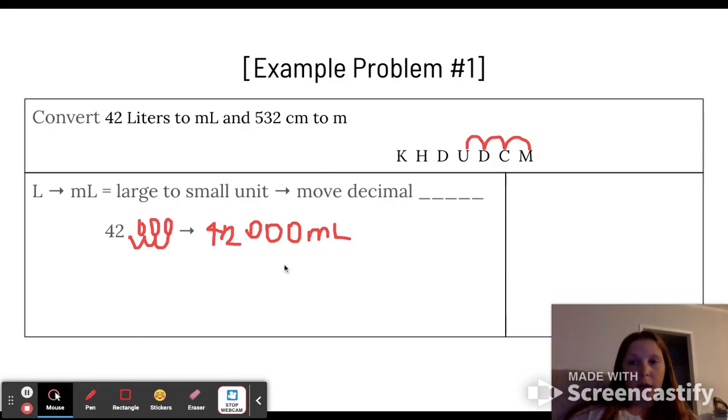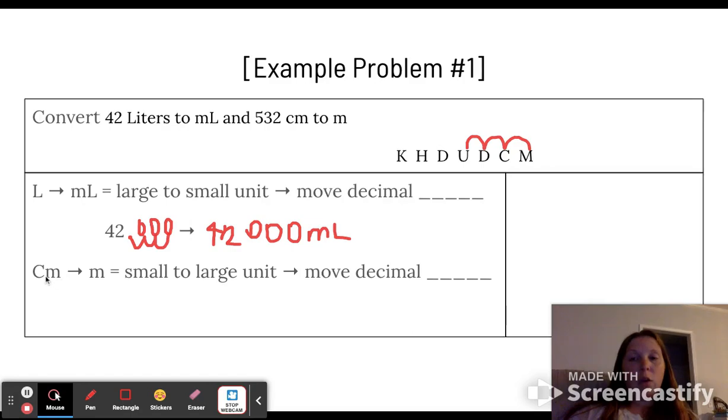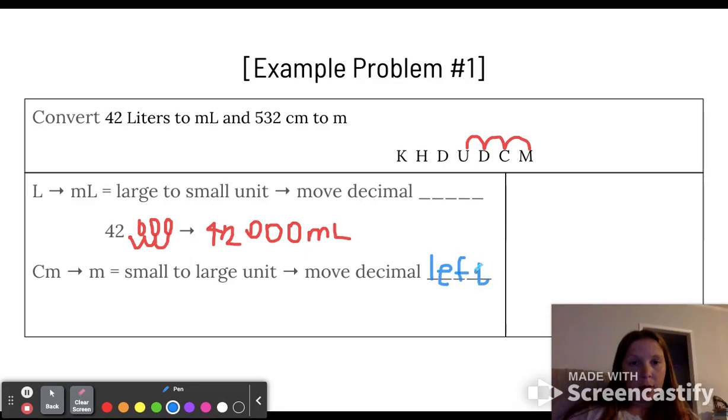So now let's look at the information for the second one. So we're going centimeters to meters, which is small to large. So we're doing the opposite, which means we are moving to the left. Okay.